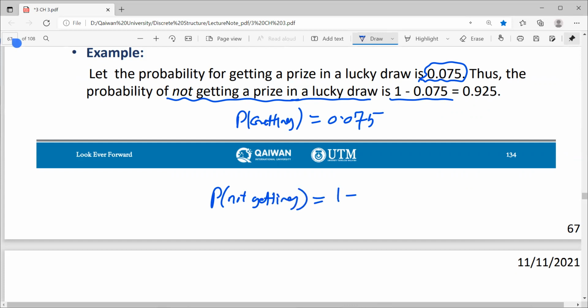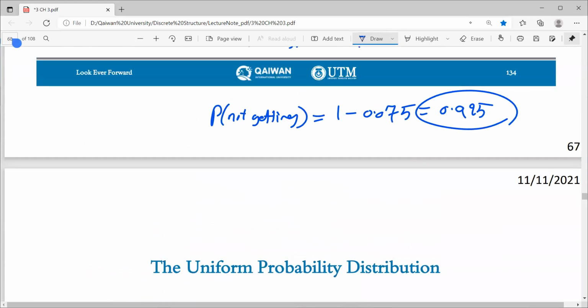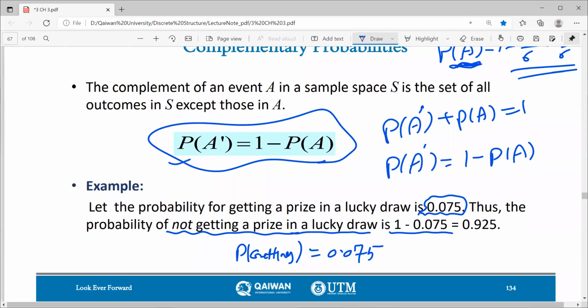It is 1 minus the probability of getting the prize, because this is the complement of the above one. It's 1 minus 0.075, which is 0.925. So the probability of not getting the prize is 0.925. Here we have only this rule. If you just memorize this, that's all.